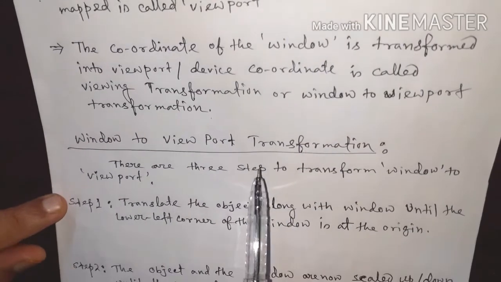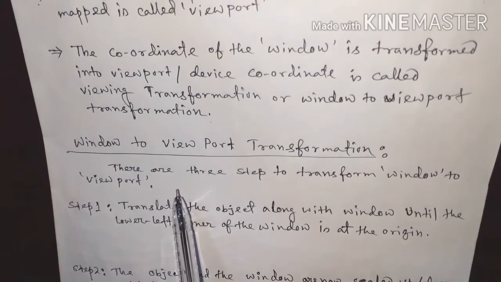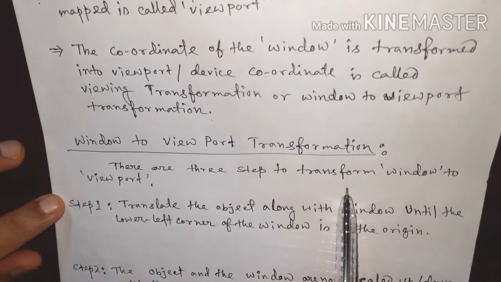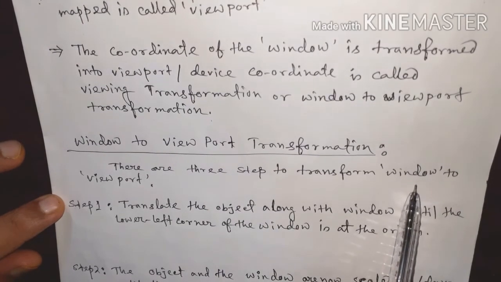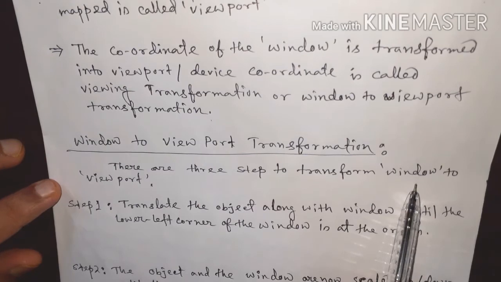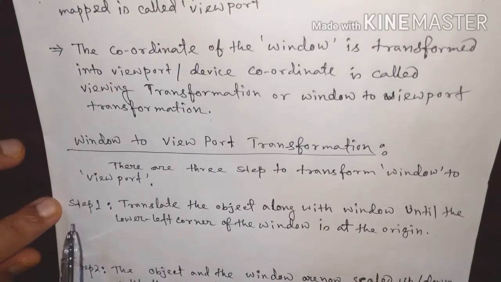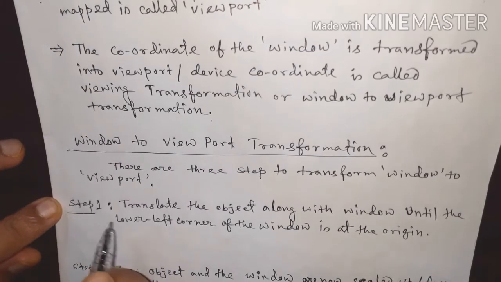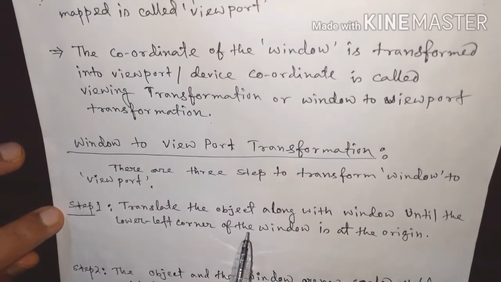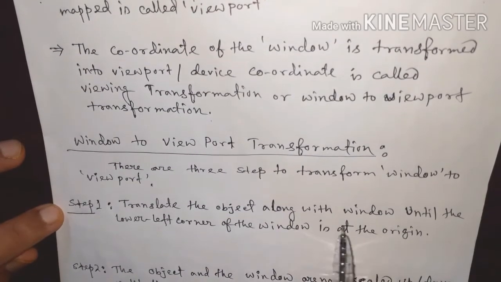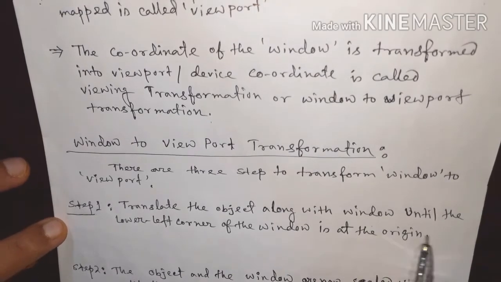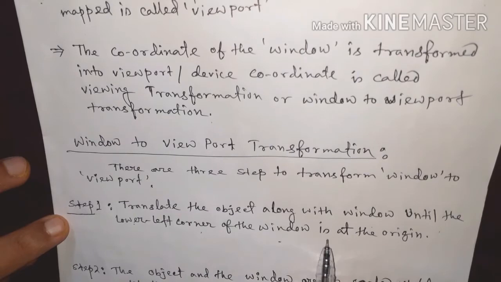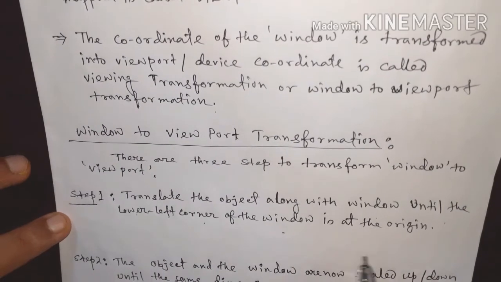To do this, there are 3 steps to transform from window coordinate to viewport coordinate. So step 1: translate the object along with the window until the lower left corner of the window is at the origin.